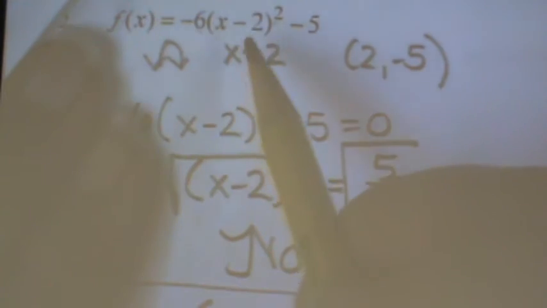Does this make sense? Is this thing going to hit at (0, -29)? Probably. But how would you sketch this graph? I would put a couple points like 1. If you plug 1 in here, 1 minus 2 is -1, -1 squared is 1, and 1 times -6 is -6, minus 5 is -11.